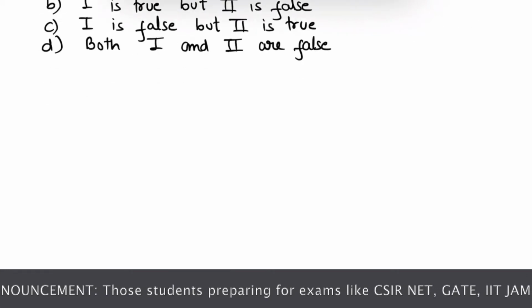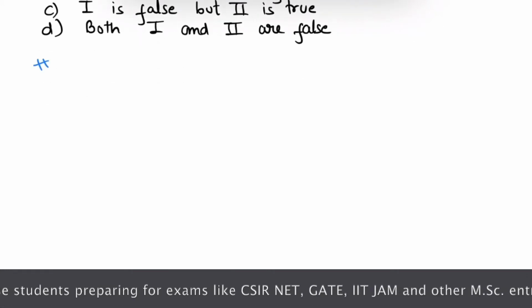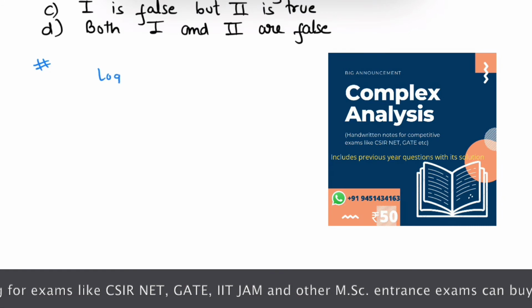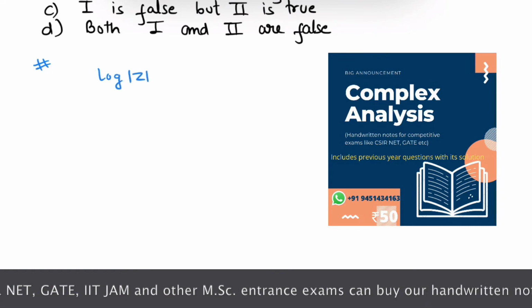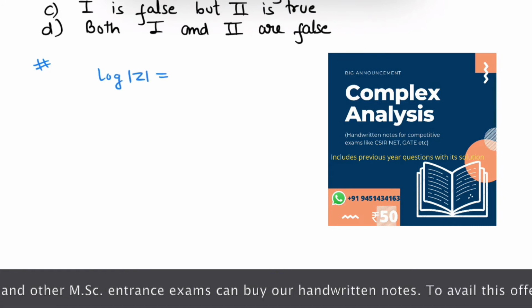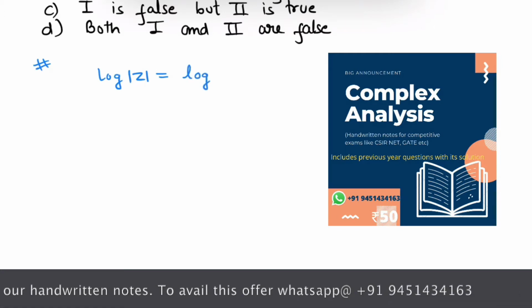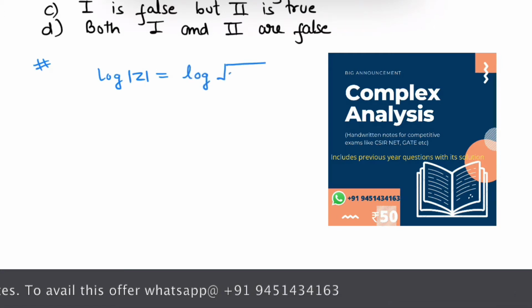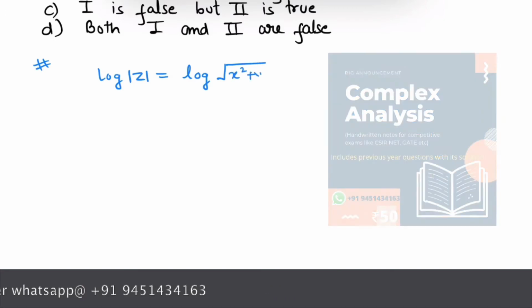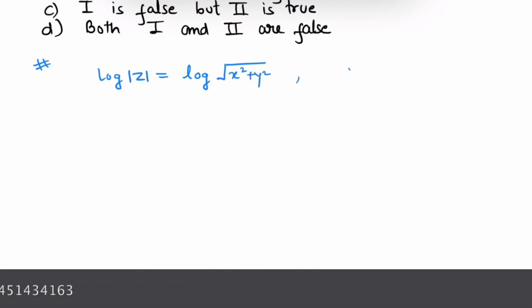So the function is log modulus of z. We can write this function as log square root of x square plus y square, because complex number z is x plus iota y.